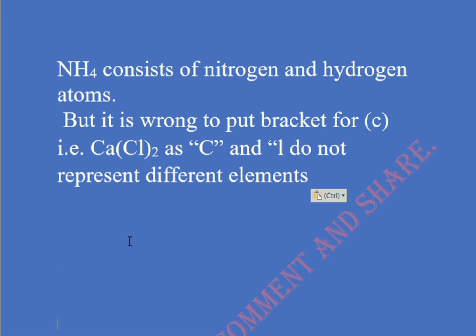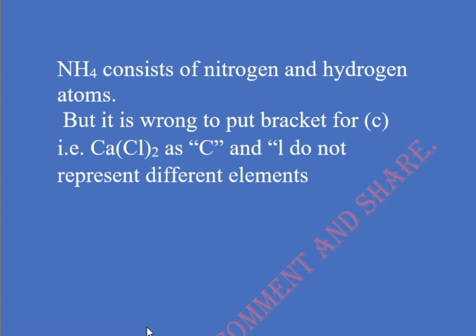So we have to note that we write brackets for examples D and E because the radical consists of different elements. Hydroxide contains oxygen and hydrogen atoms. Ammonium consists of nitrogen and hydrogen atoms.